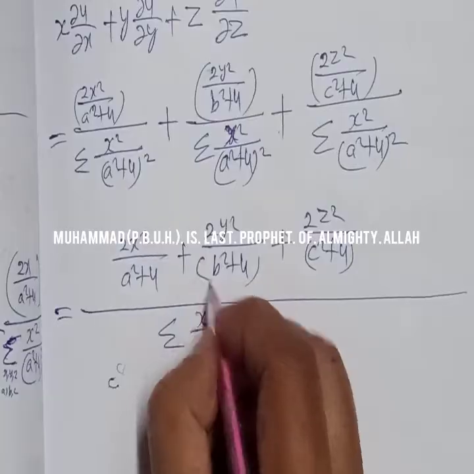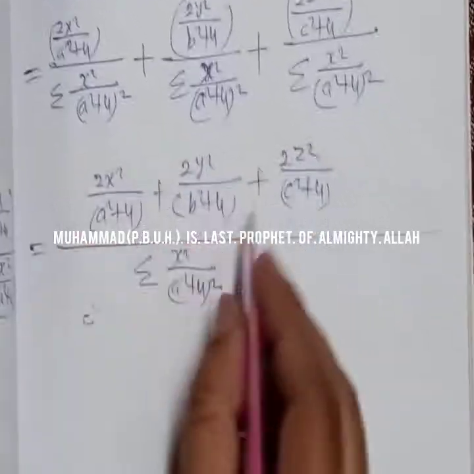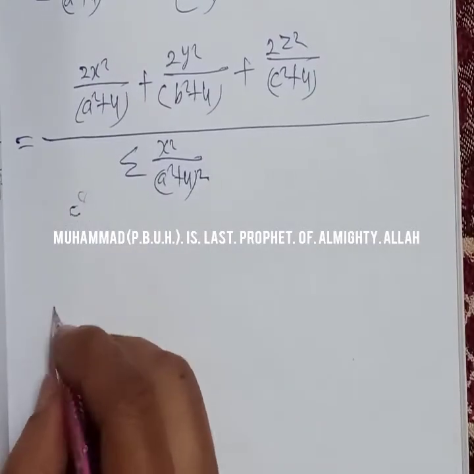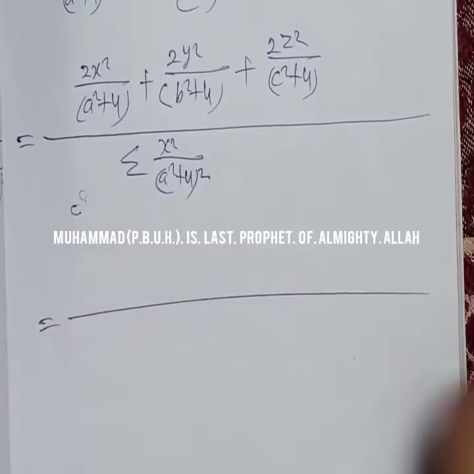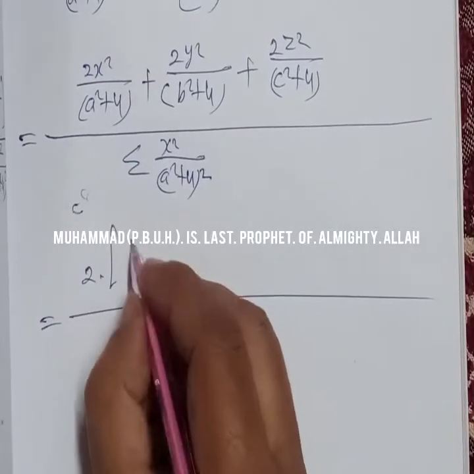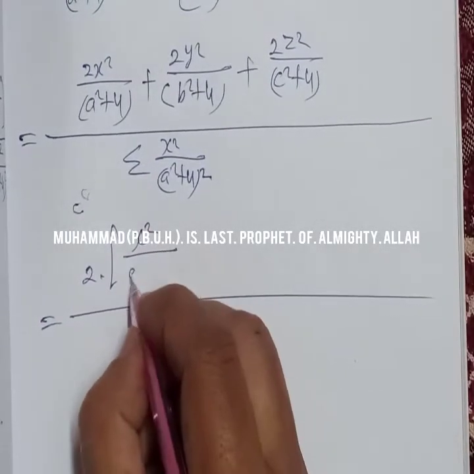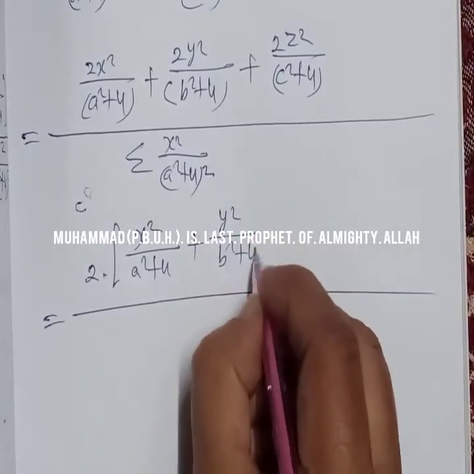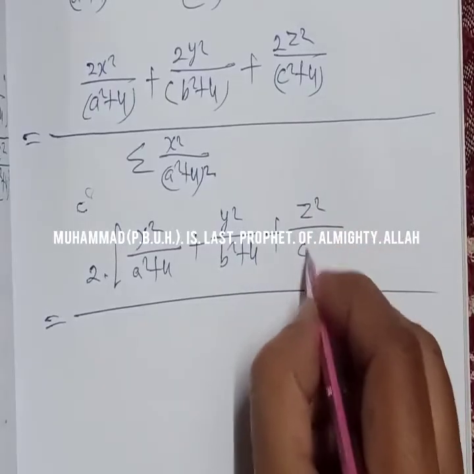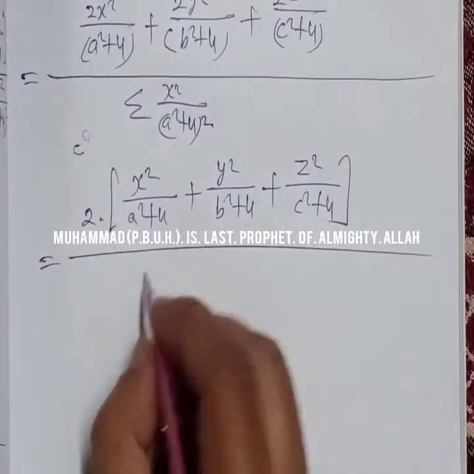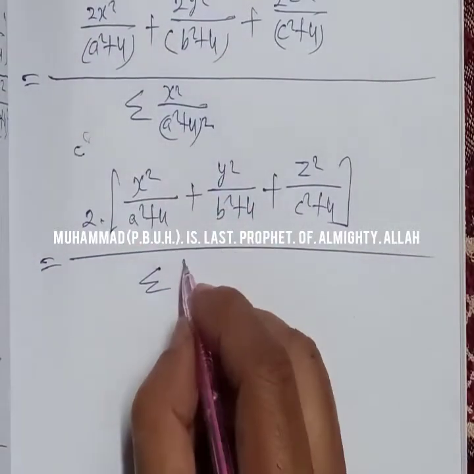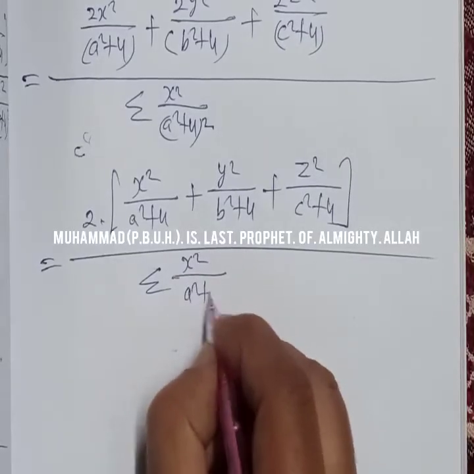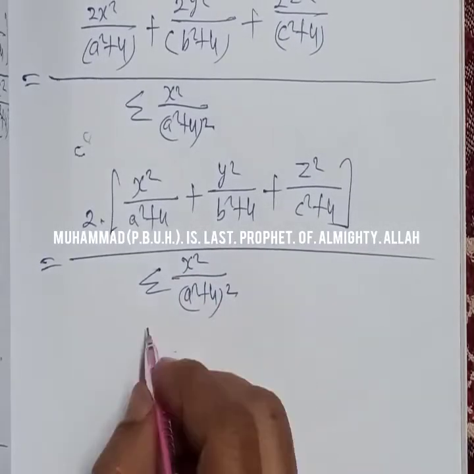On taking out 2 as a common factor from these, we get 2 common, and we get x square upon a square plus u plus y square upon b square plus u plus z square upon c square plus u, and write the denominator as it is, x square upon a square plus u whole of square.